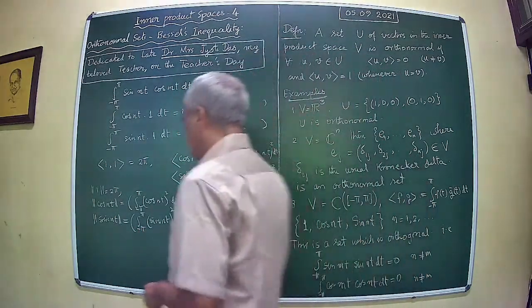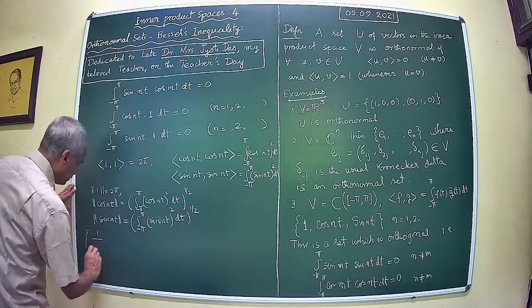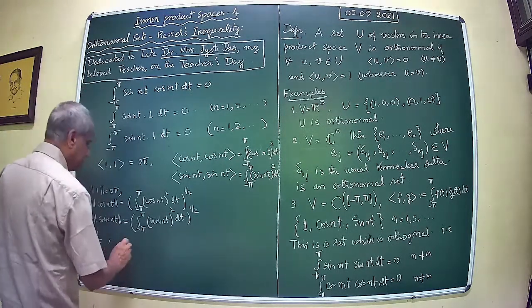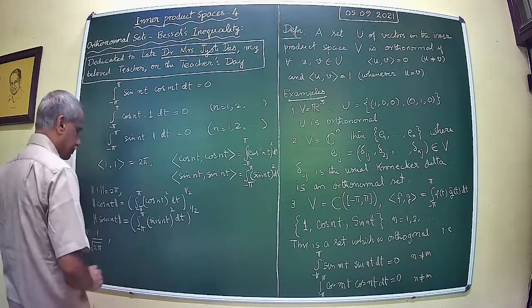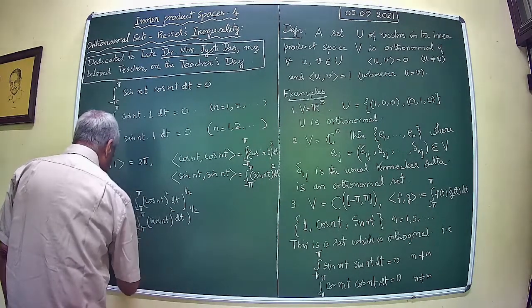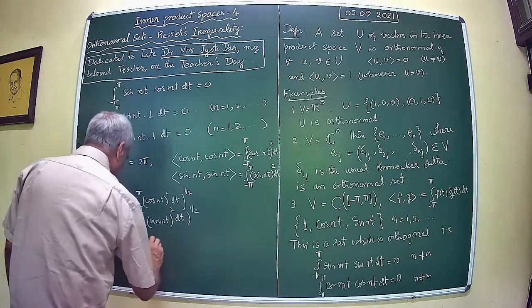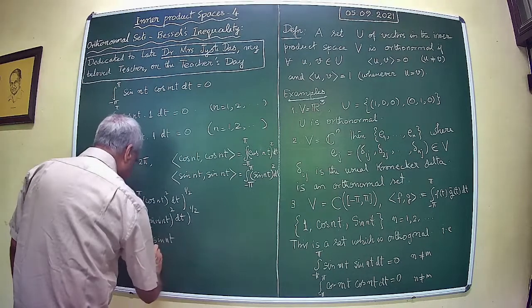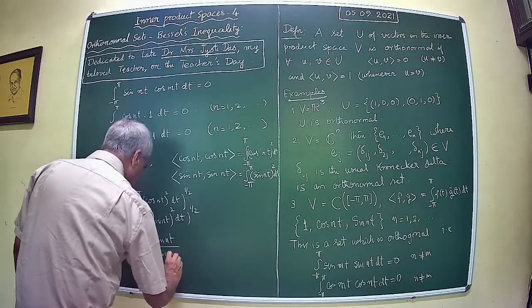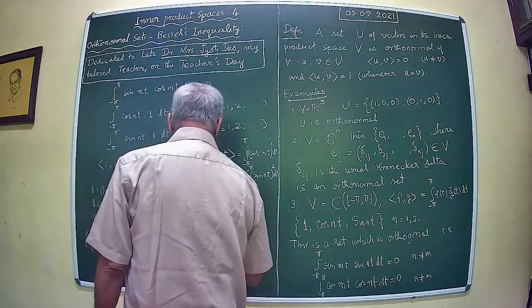Define this. And now with this you see that so 1 by square root of 2 pi, then 1 upon root pi times cos nt and sin nt.